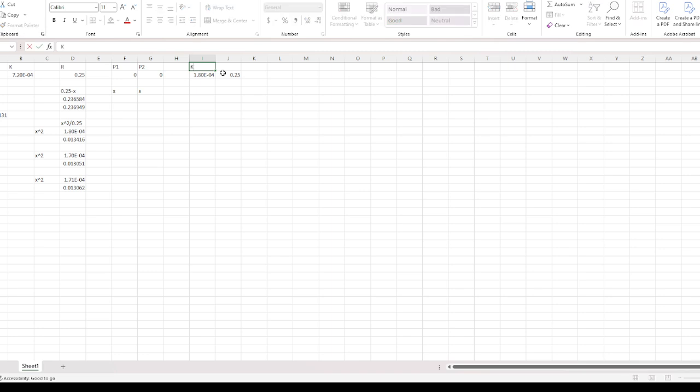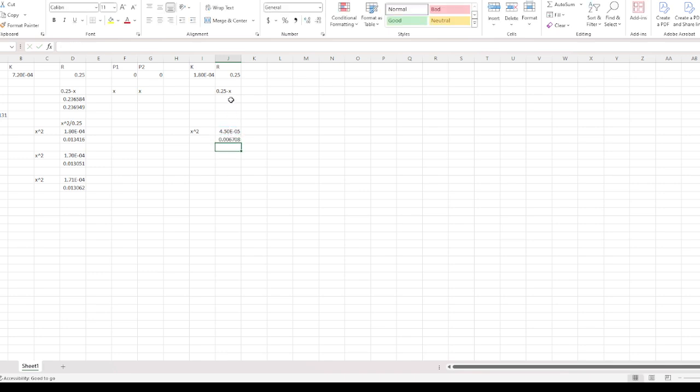There's our K. There's our R. So let's say our x squared is going to be equal to our K times our R. Our K value times our R value. And so, 0.25 minus x. We square root this. Square root.